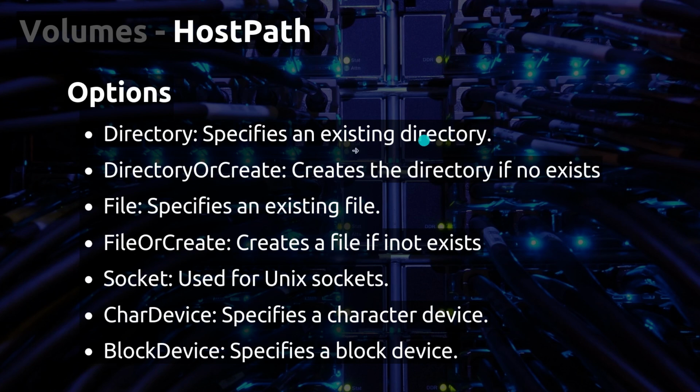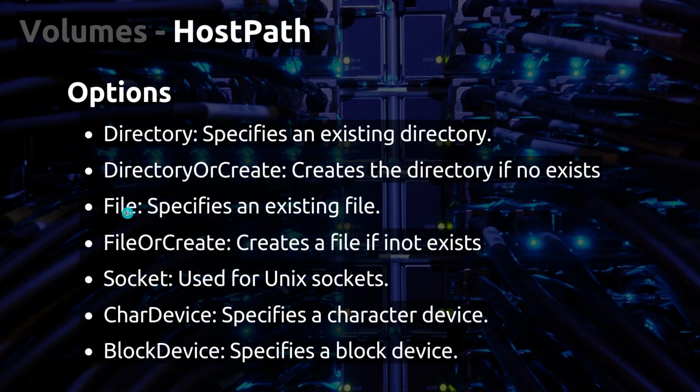Some options that we can use for the Hostpath: the first one is the directory. Of course, we can specify an existing directory, but if you don't want to create your directory on the host before creating the pod, you can use the specific type DirectoryOrCreate. It can use an already existing directory, but the process can also create the directory directly if it does not exist.